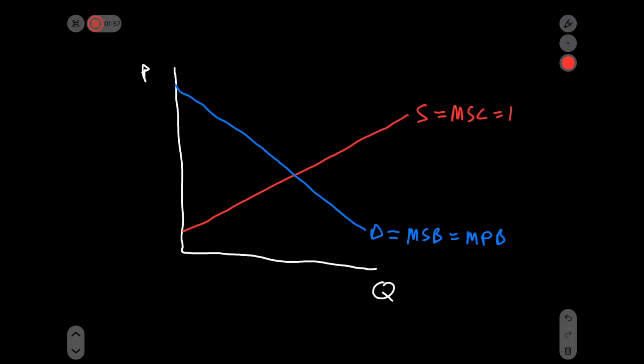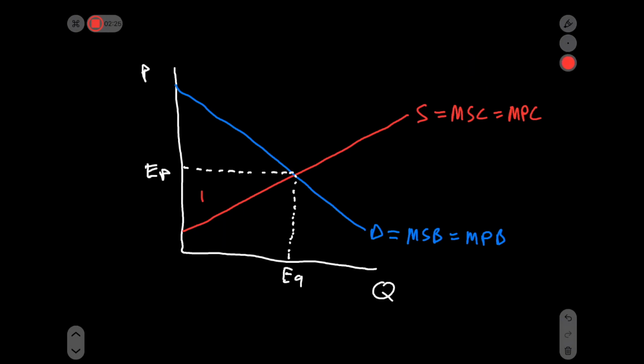And so the marginal social cost curve equals the marginal private cost. And because of this, for whatever good this happens to be, we have an equilibrium quantity and an equilibrium price that is Pareto efficient.